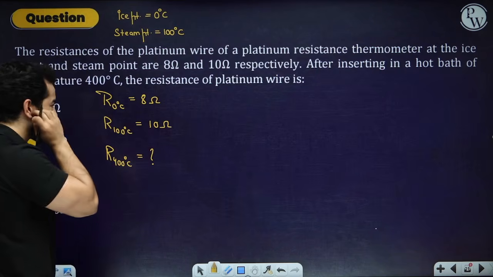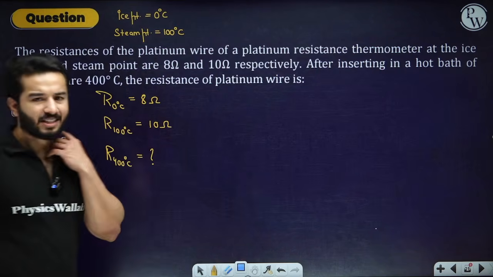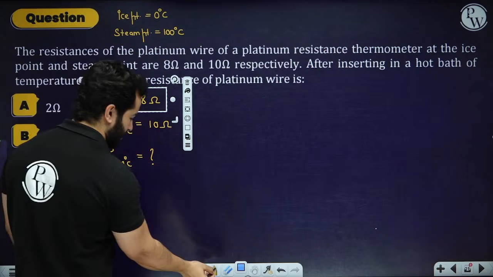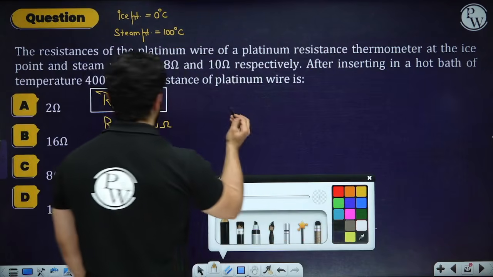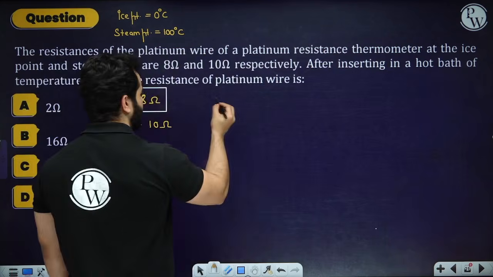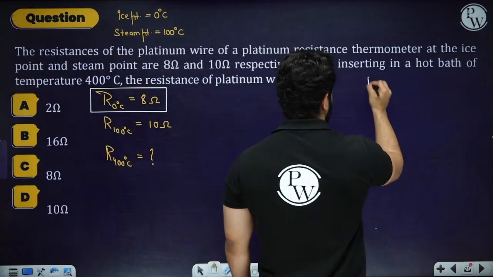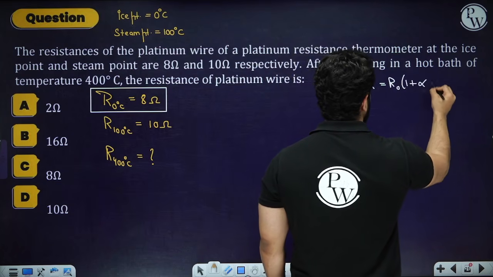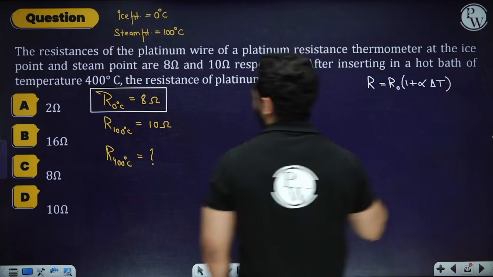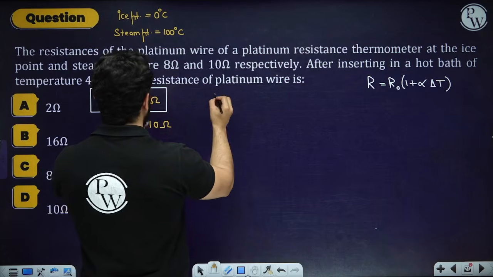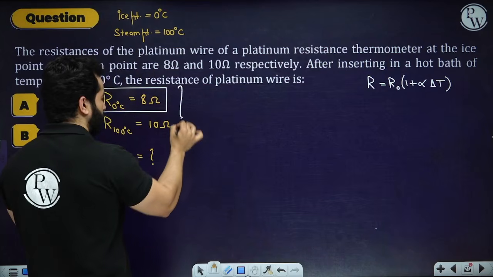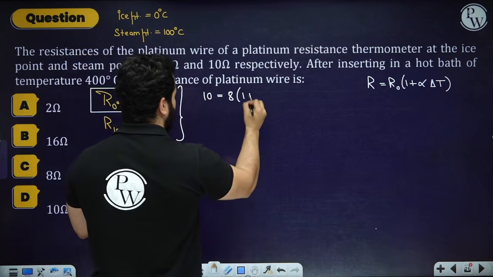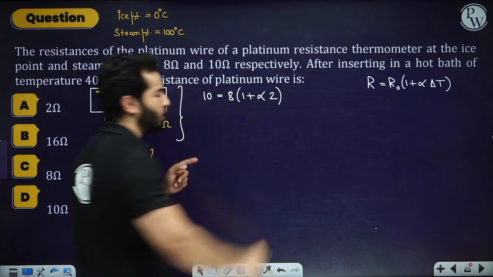What I'll suggest you always do for questions like this is find out what alpha is first. Take the reference as 0 degree Celsius. That will help you. I'll use the equation R equals R naught into 1 plus alpha into delta T. First I take these two things: 10 equals 8 times 1 plus alpha into 100.